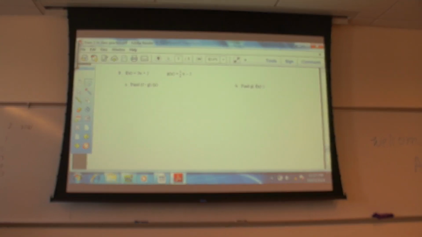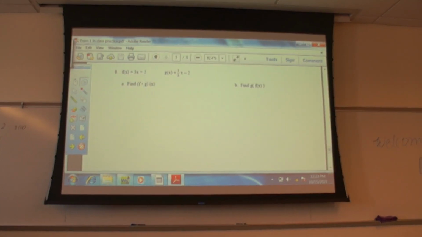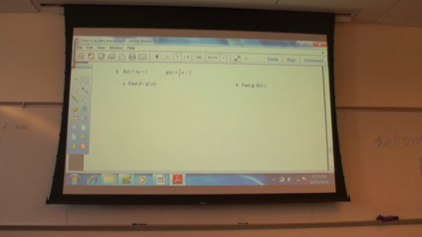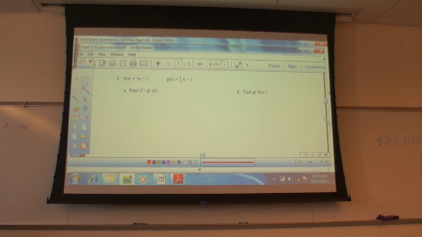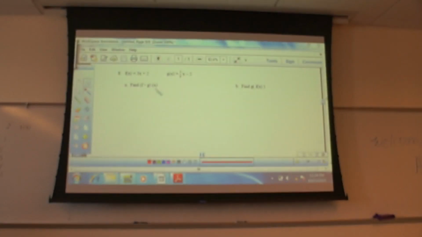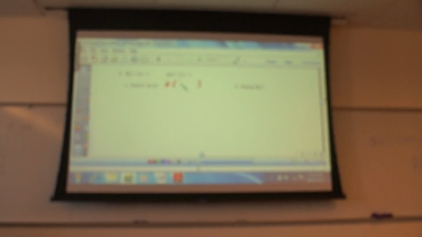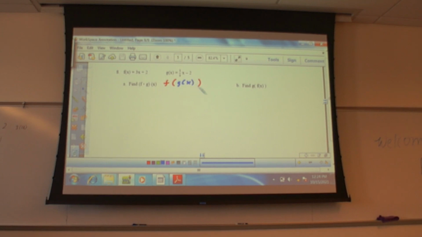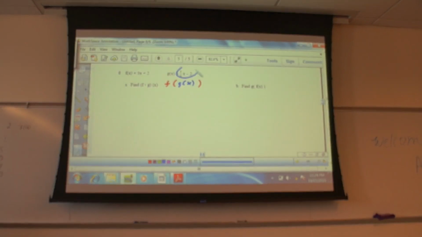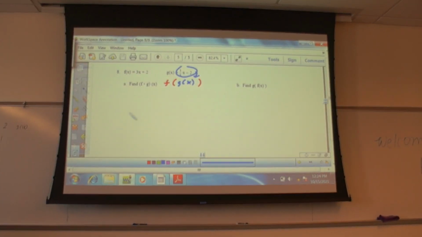All right, so let's take a look at 8. Find f of g and g of f. This one is read f of g. So think of it like f of g of x, where g goes inside f. You just take this and throw it right in there.